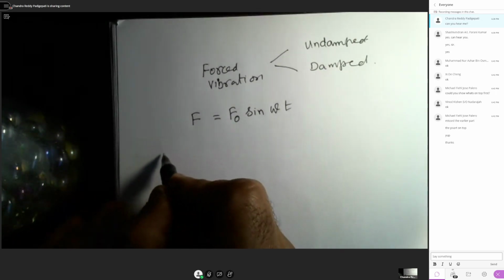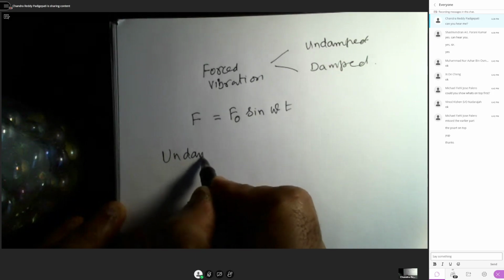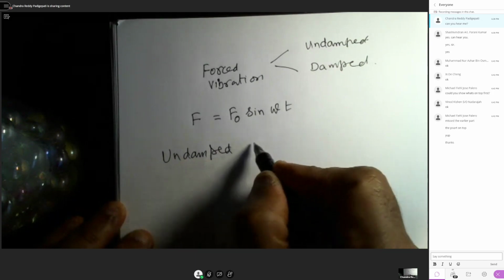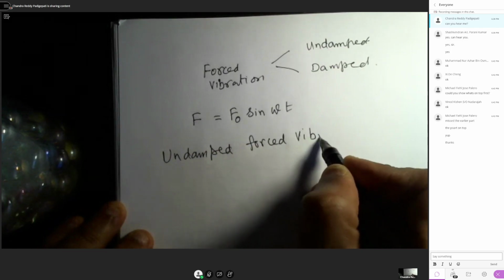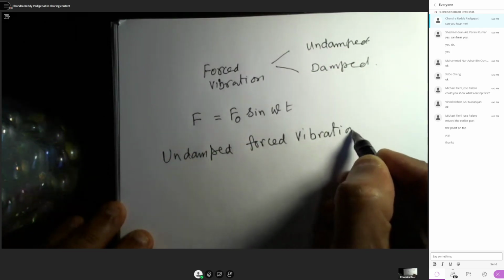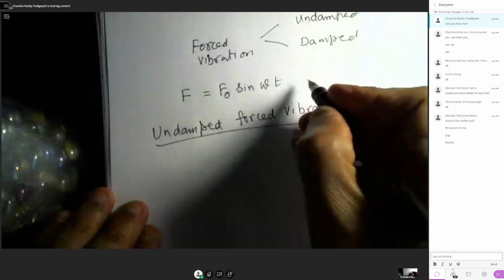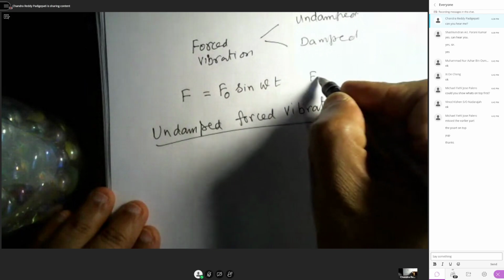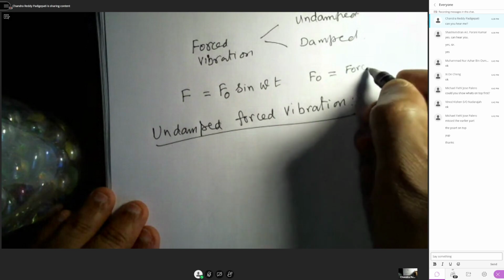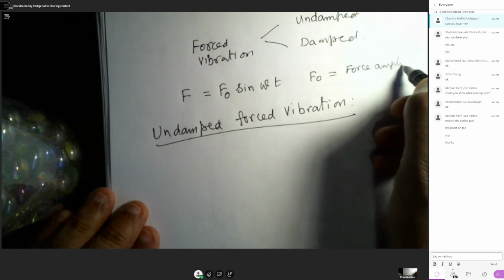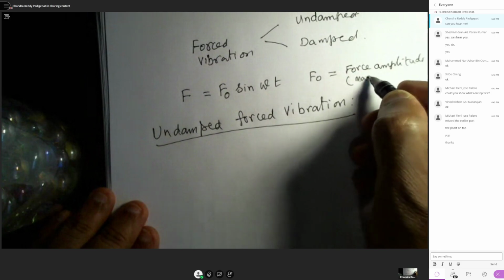Okay, so when we talk about undamped forced vibration, F naught is the force amplitude, so we can also write maximum force.